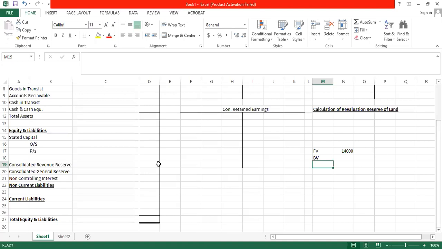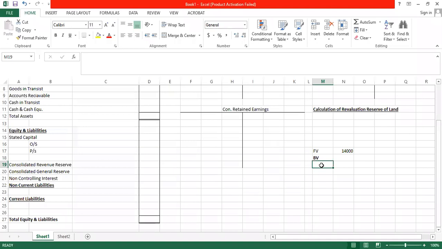In the question, on the second page, under the equity. So equity is composed of stated capital and the reserves. So you have to get these things.